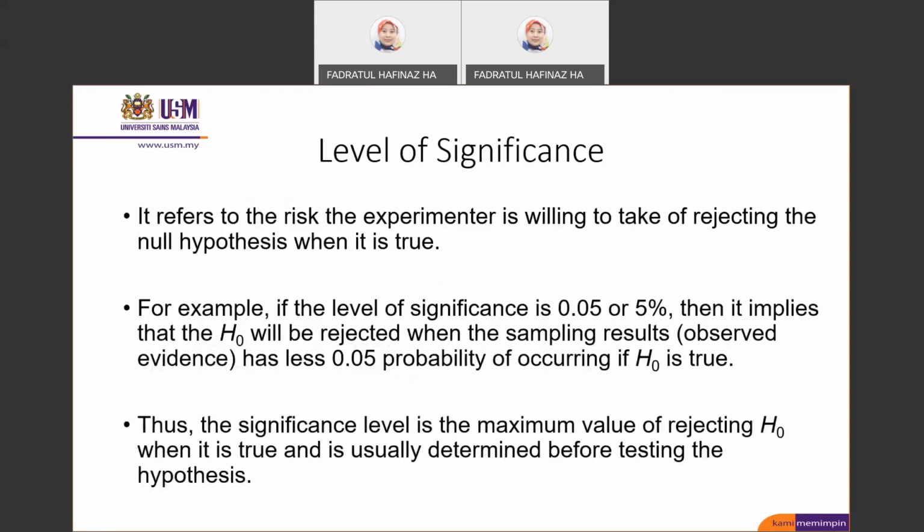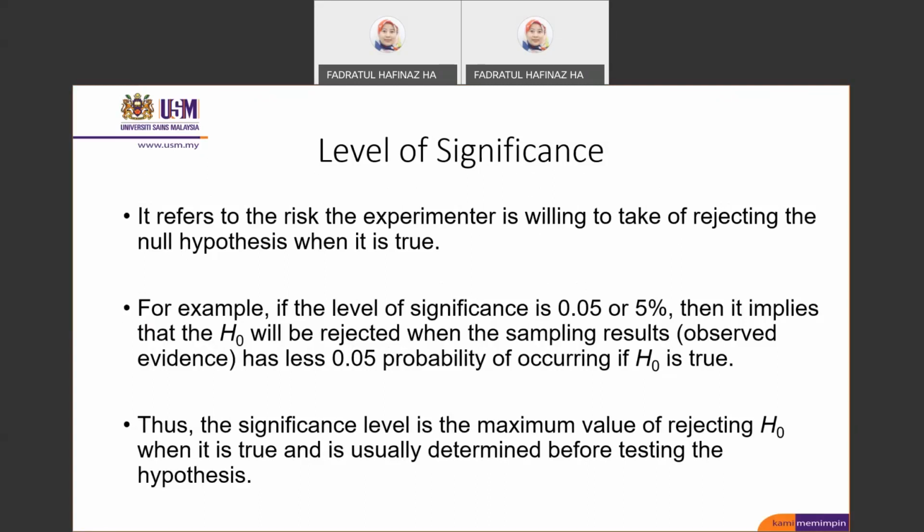So this is the level of significance that we need to set to test the hypothesis. The level of significance is an important choice in hypothesis testing. It refers to the risk the experimenter or researcher is willing to take of rejecting the null hypothesis when it is true.